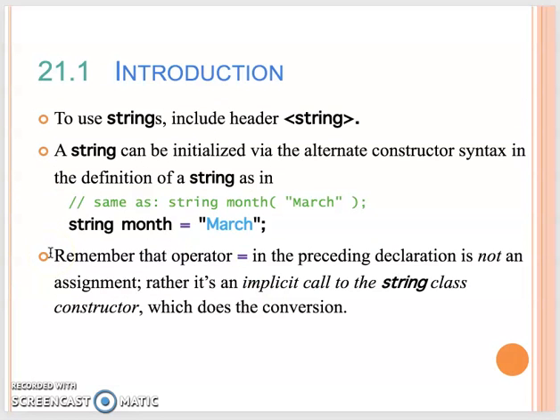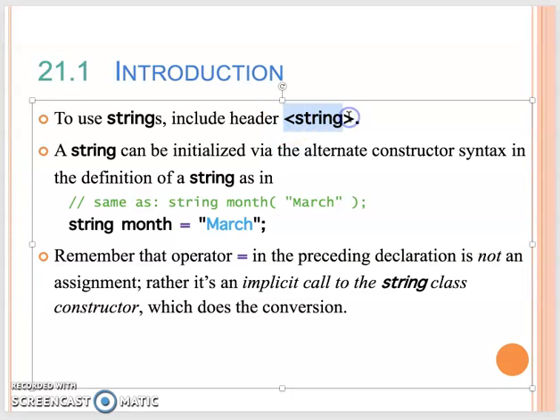In the previous courses, we talked about strings. We know when we want to use the C++ string, you include the string library. This string library is what we call the C++ string. Each string is an object.